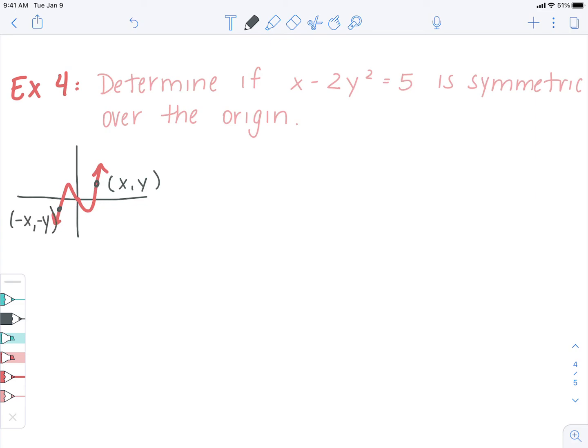So I need to take my equation and replace my x and my y with a negative x and a negative y and see if it comes out to be the same. So I've got x minus 2y squared equals 5. I'm going to take this negative x and plug it in for my x. Bring down my minus 2. Now I'm going to change my y to be a negative y.